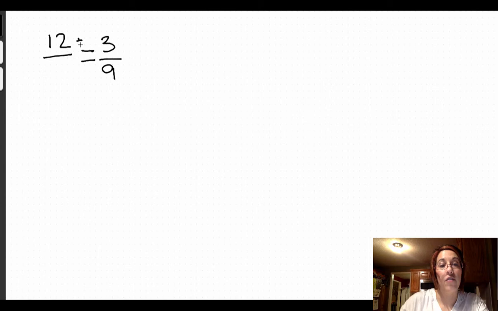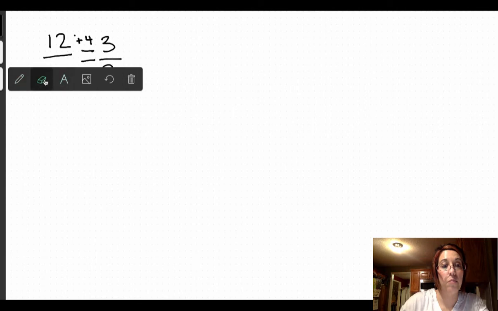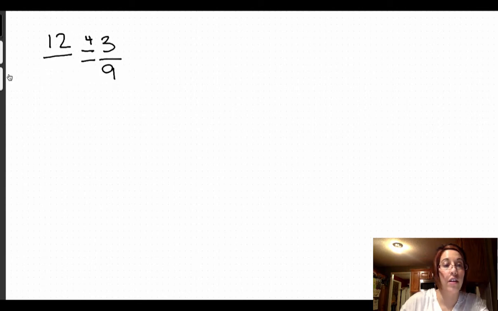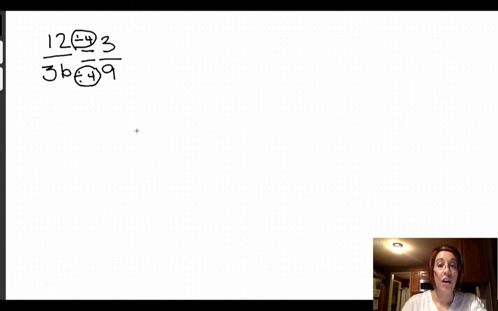So this must be divided by 4. 12 divided by 4 equals 3. 9 multiplied by 4 equals 36. So 12/36 equals 3/9. I do this work right here to make sure that I am doing the same exact process to both the top and the bottom.